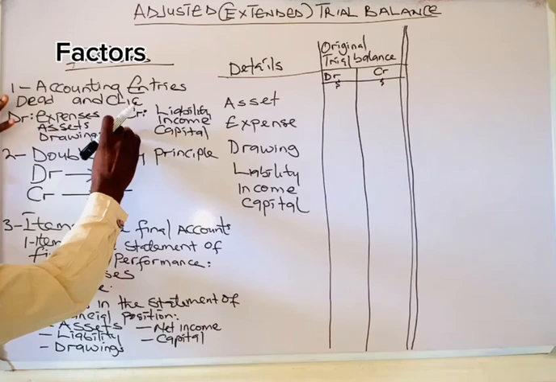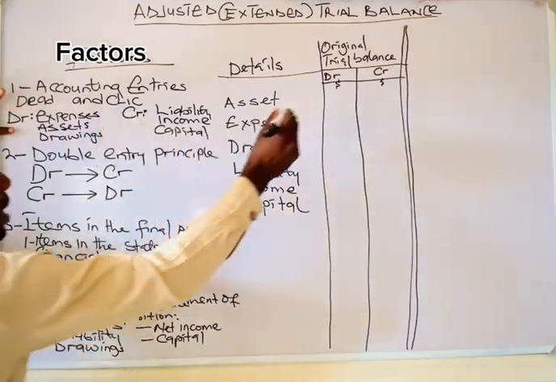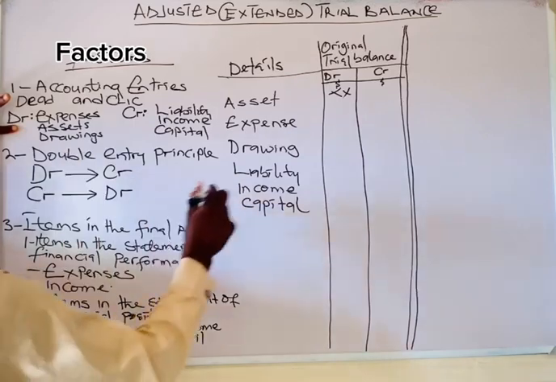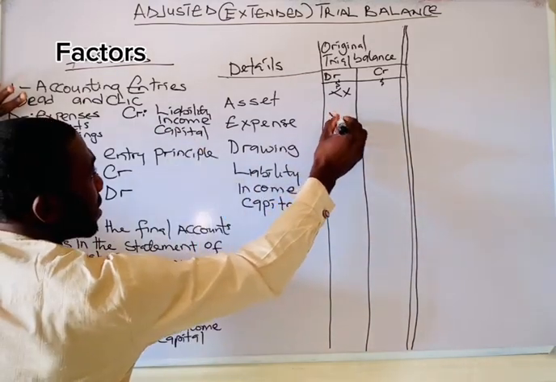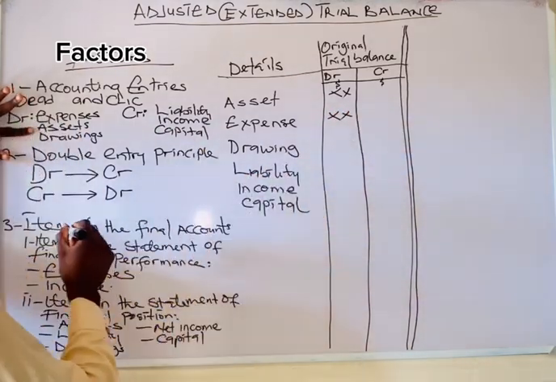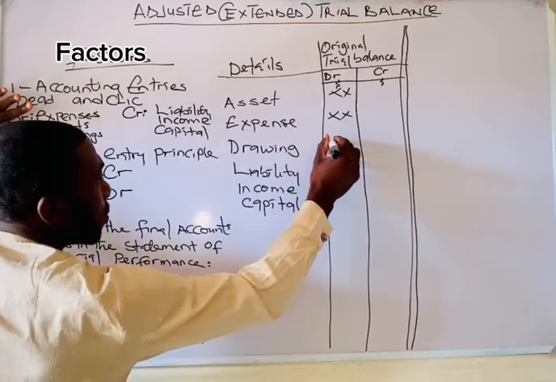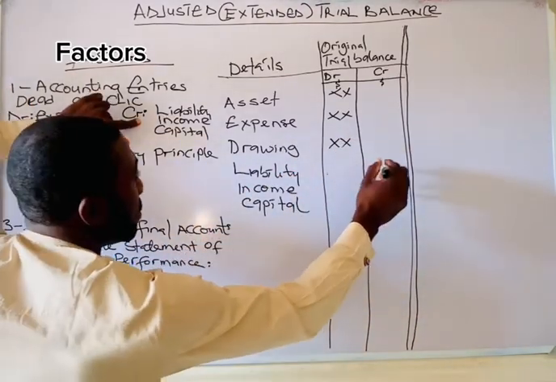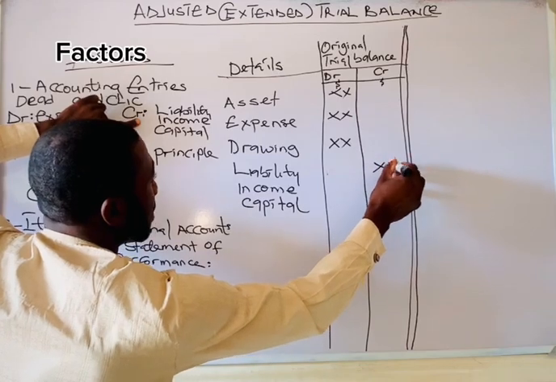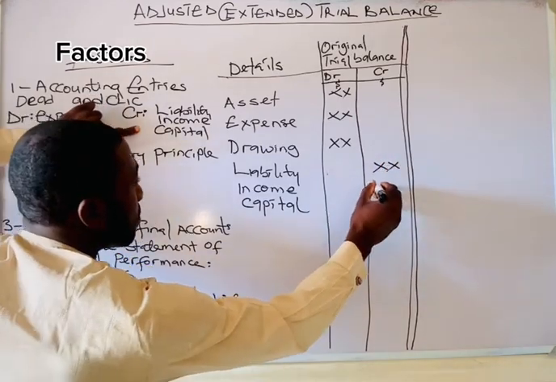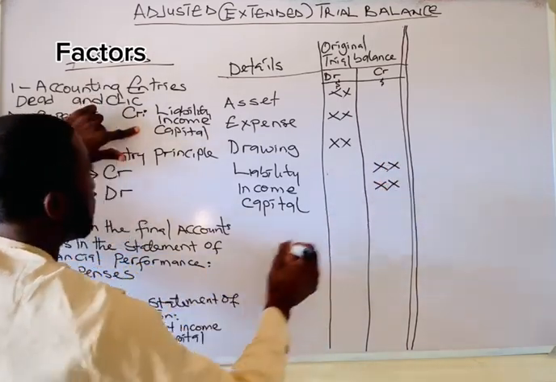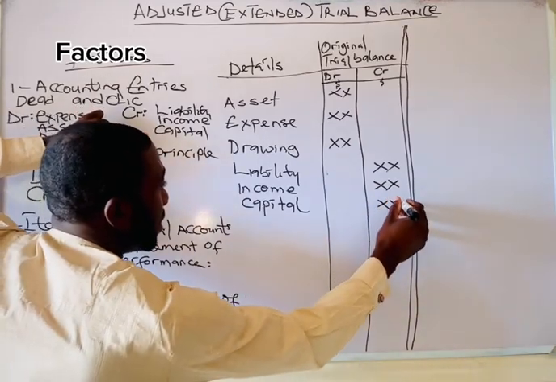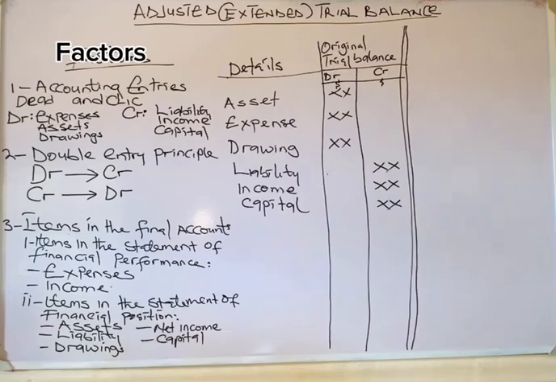That is the reason why you should know all this. You will debit your assets, you debit your expenses, you will debit your drawings, you will credit your liability, you will credit your income. It's very simple. And you will credit your capital. This is our original trial balance.